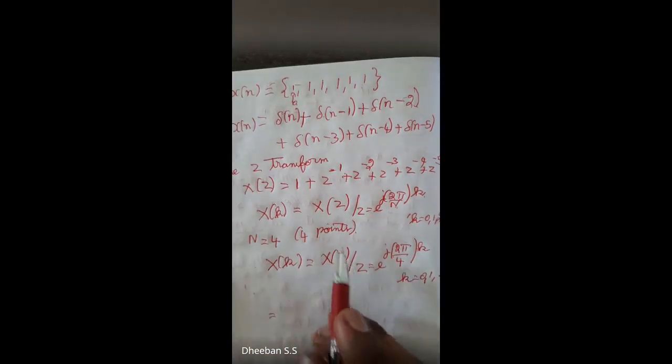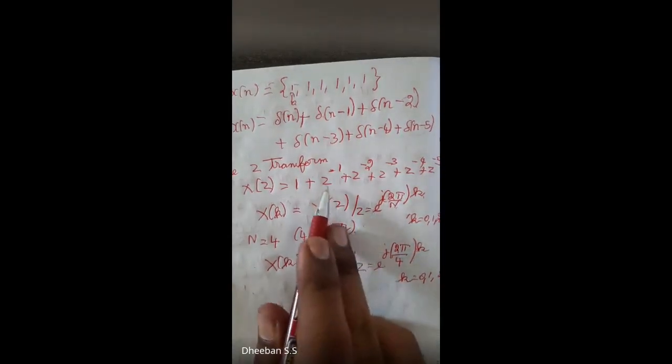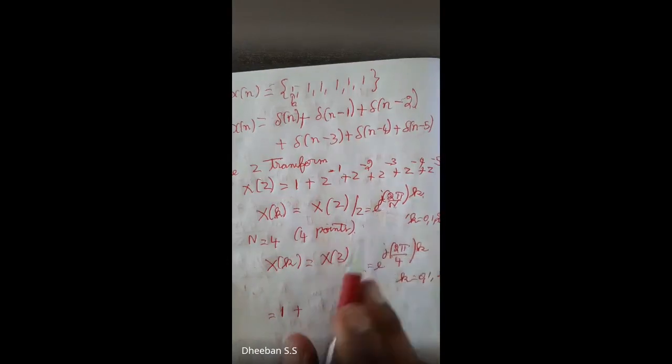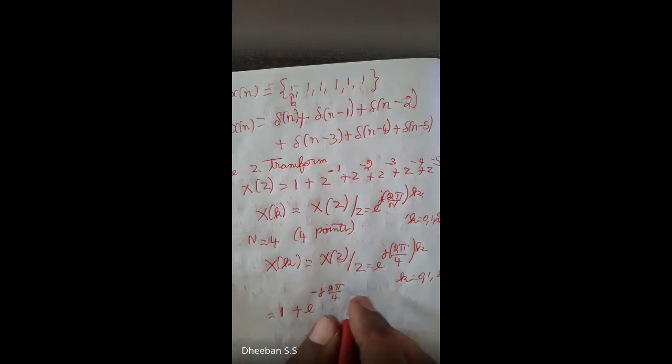For the first term it is 1. For the second term, instead of z, you put this e value, so we get e to the power minus j 2 pi by 4. The first one is e to the power 0, which is 1.